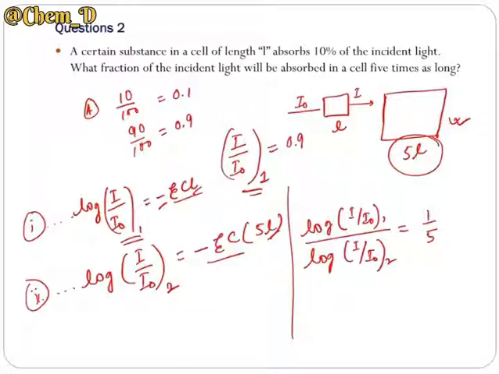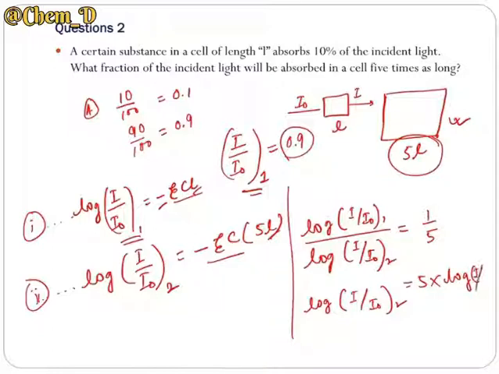Now we see that I by I0 for 1 is equal to 0.9. So log I by I0 for 2 is equal to 5 into log I by I0 for 1. Now these things we will take to the next page.